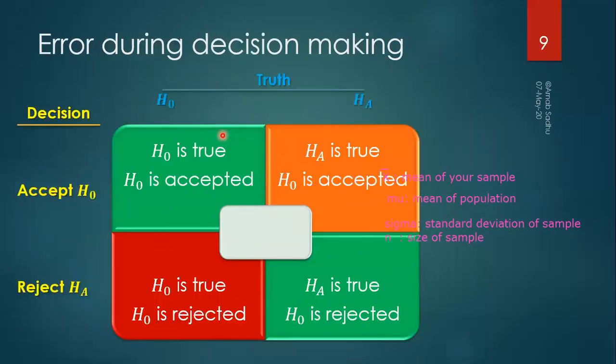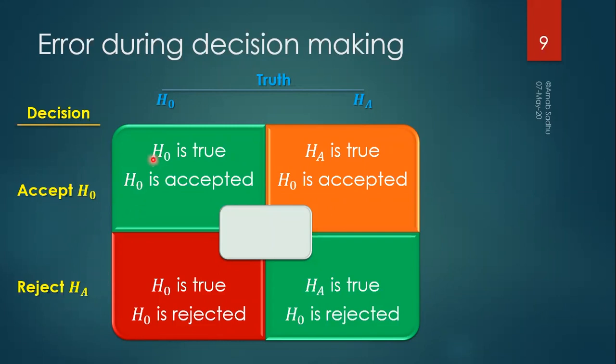Now before taking the example, what kind of error can you have while making a decision? If the truth value of your statement is H0 or HA, and your decision is to accept H0 or reject H0, four kinds of situations you may end up in. You may either accept the null hypothesis or you can reject the null hypothesis.